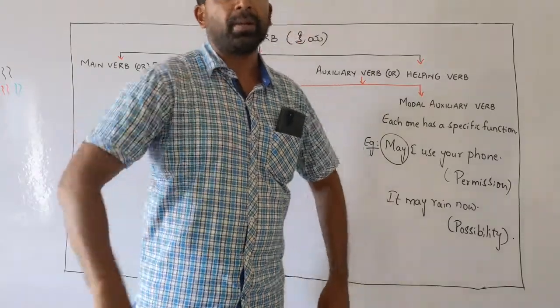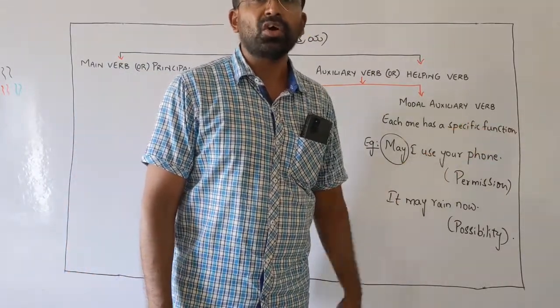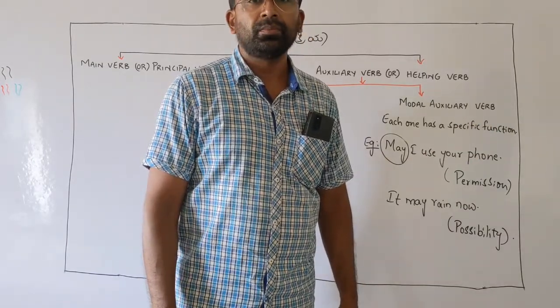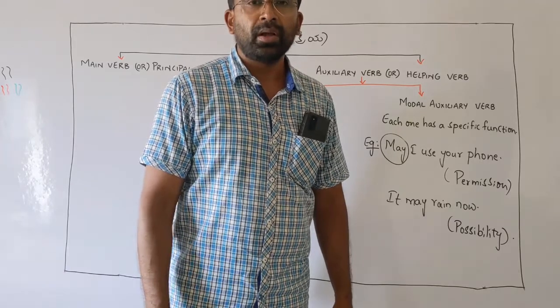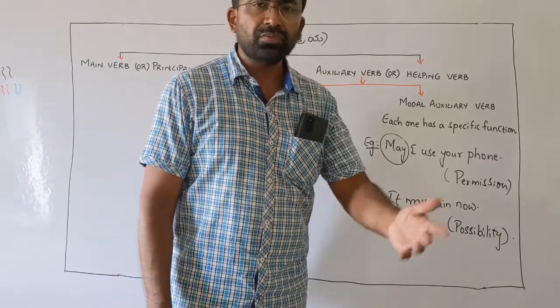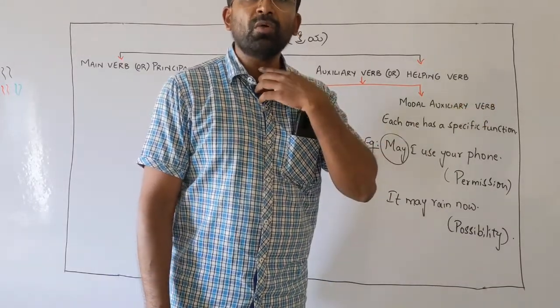For example, to take permission, the most commonly used question: may I come in, sir? May I come in, madam? Your phone is not working and you want to make an urgent call. You will request your friend to lend you his phone. Now how would you ask the permission?